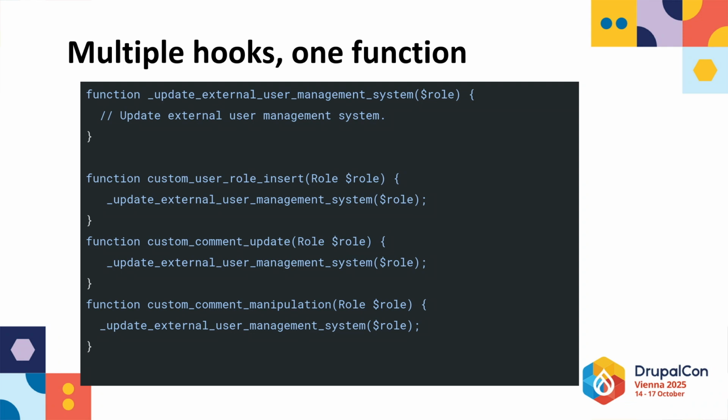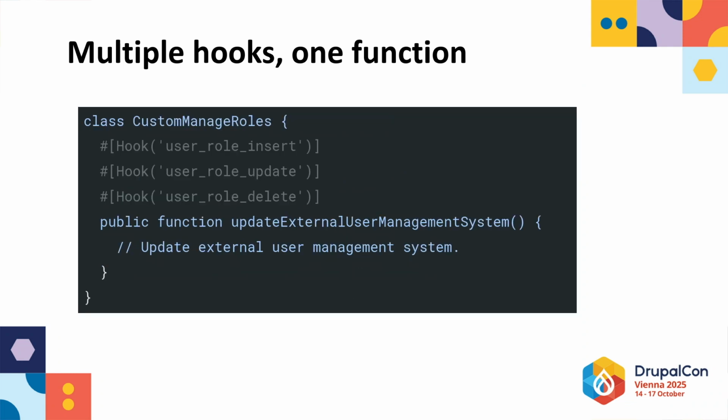So you see this pattern really often. I have messed up the example, so those bottom 2 should actually be user role update and user role manipulation as well. But what we can do now is add multiple hooks onto the same function, which is really cool, and it's much easier to parse in your head too.